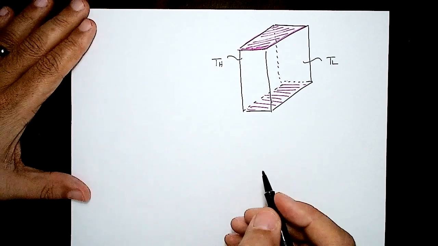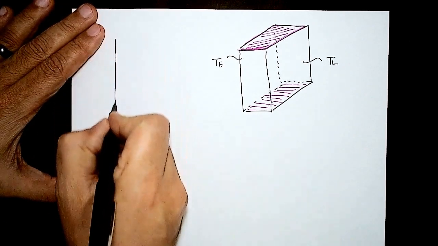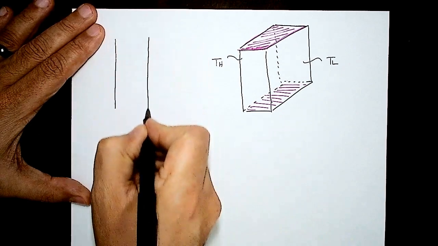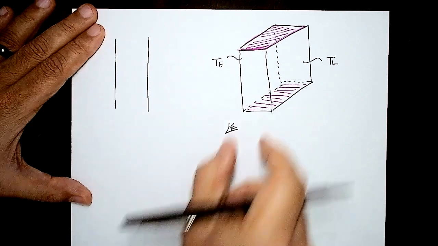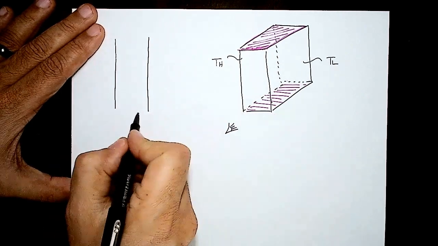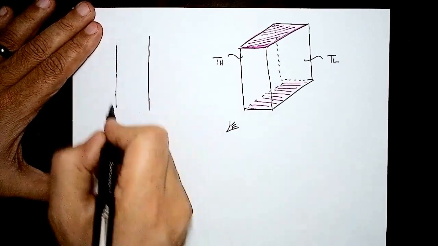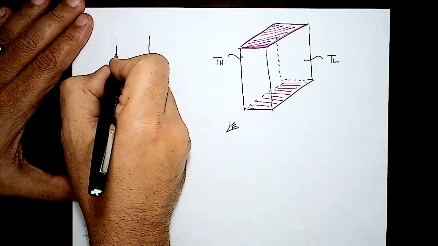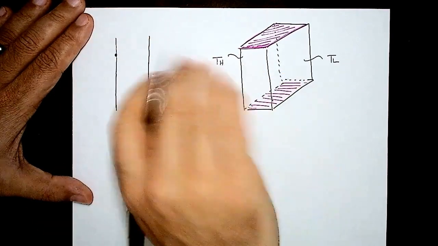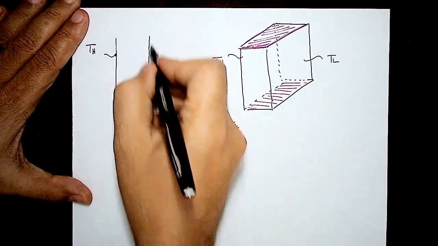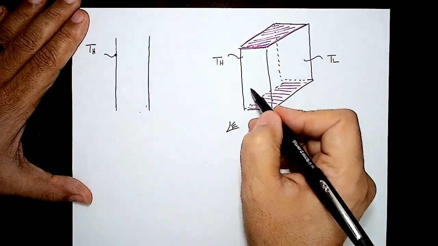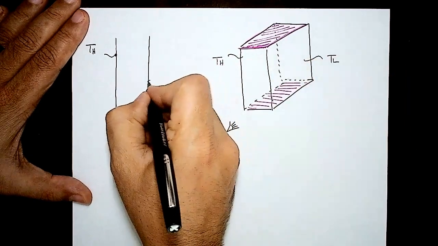We simplify that drawing by 2-dimensional lines here. So there are 2 lines, as if I'm taking the projection of that body. So I'm going to see that thickness here. You don't have to draw the upper and lower end lines here. So that line here is the projection of that back face. I'm going to write here TH. And that line here represents the projection of that face here. I'm going to call that TL.